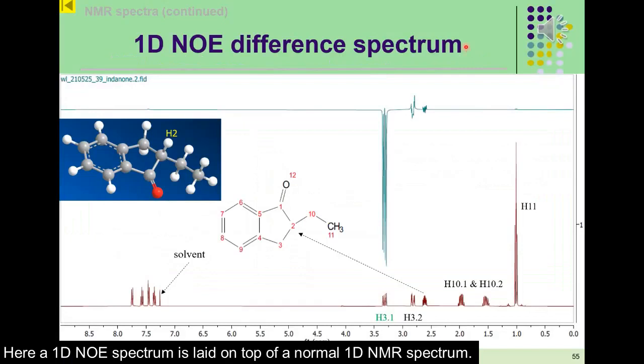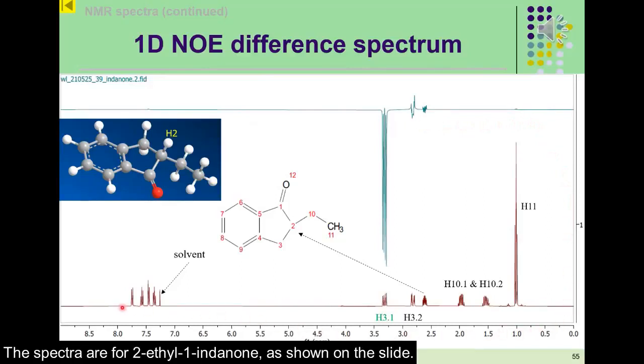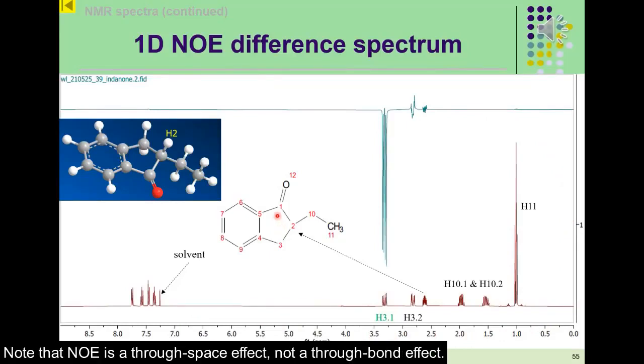Here, a 1D NOE spectrum is laid on top of a normal 1D NMR spectrum. The spectra are for 2-ethyl-1-indenone, as shown on the slide. Note that NOE is a through-space effect, not a through-bond effect.